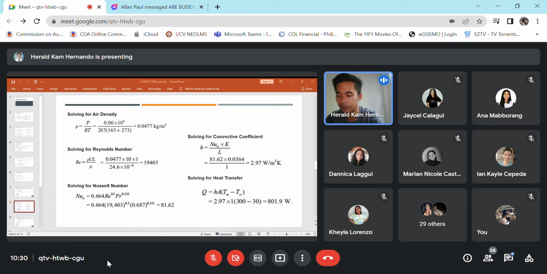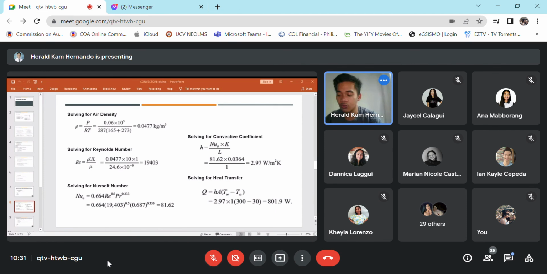But because 1 bar is equal to 100,000 Pascal, we cannot cancel the Pascal directly, since the unit of the gas constant 287 is joule per kilogram per Kelvin. So we break down its units to cancel them.